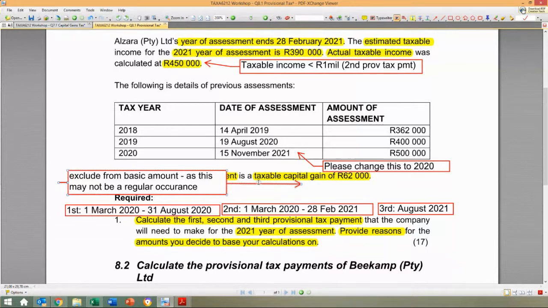When we did the second tax payment, it was made on the 28th of February 2021. So we've already submitted the 2020 tax return, so the previous year of assessment, the 15th November 2020. That assessment, between the payment when it was made and when we're doing the next payment, is less than 12 months.